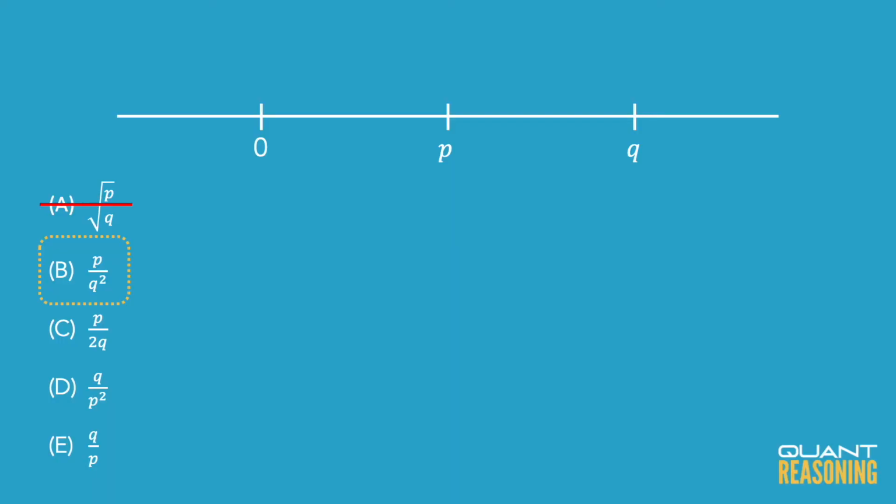Unless it's 1, but we know it's not 1 because we know p and q are positive integers, and we know that q is greater than p. So maybe p is 1, but q is at least 2. So what happens to a positive fraction when you make the denominator greater? The fraction gets smaller. That would bring it closer to 0. So that helps us eliminate answer choice B.